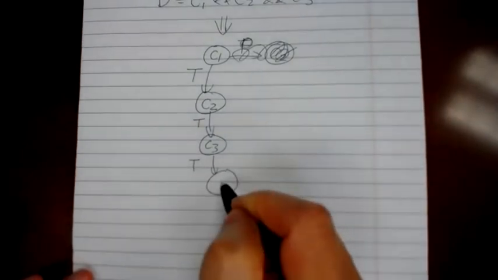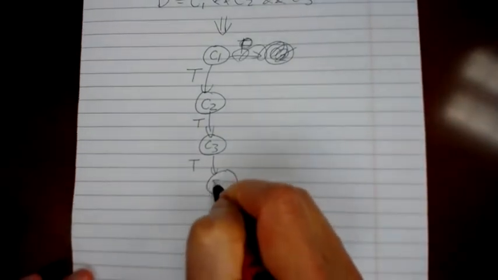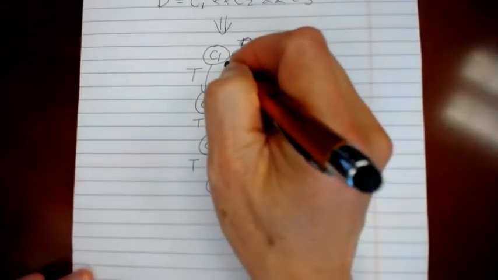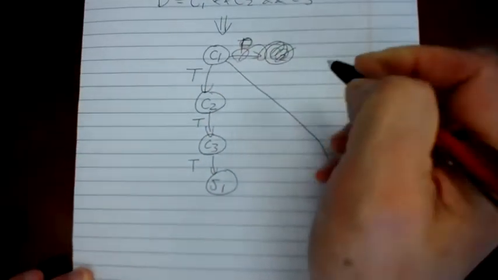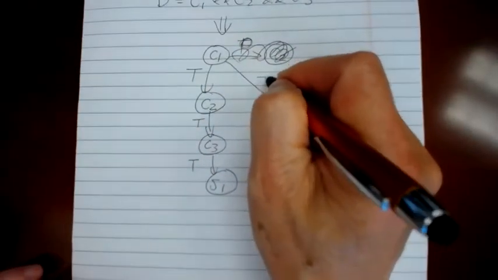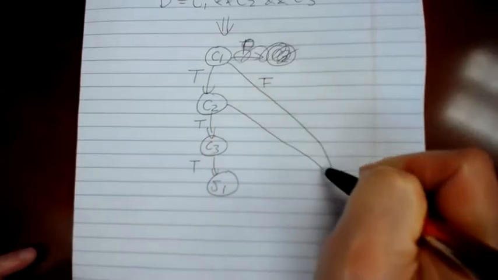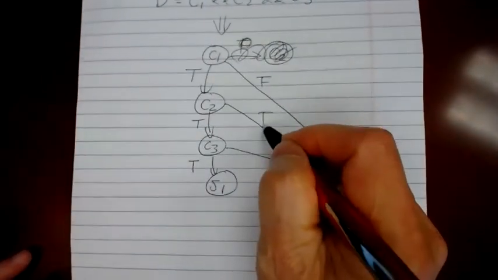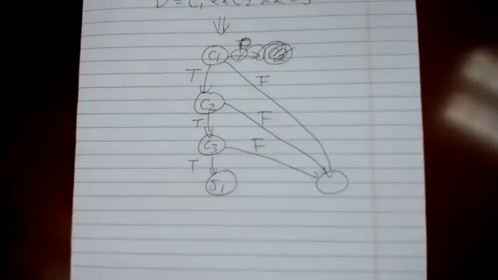When they are all true, I go to the next node, statement 1. If any of them is false, I'll go somewhere else, right?